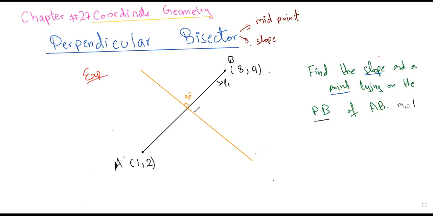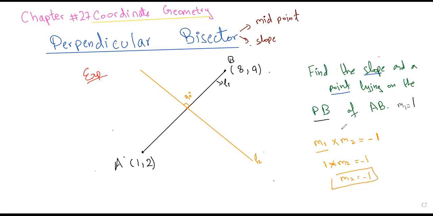That is good. For the slope of the yellow line, you need to understand the concept that if this is L2, these two lines are perpendicular, so their slopes multiply and give you -1. You know the slope M1, that is 1. You need to find the slope M2. You can easily find it by making M2 the subject, and M2 is -1.